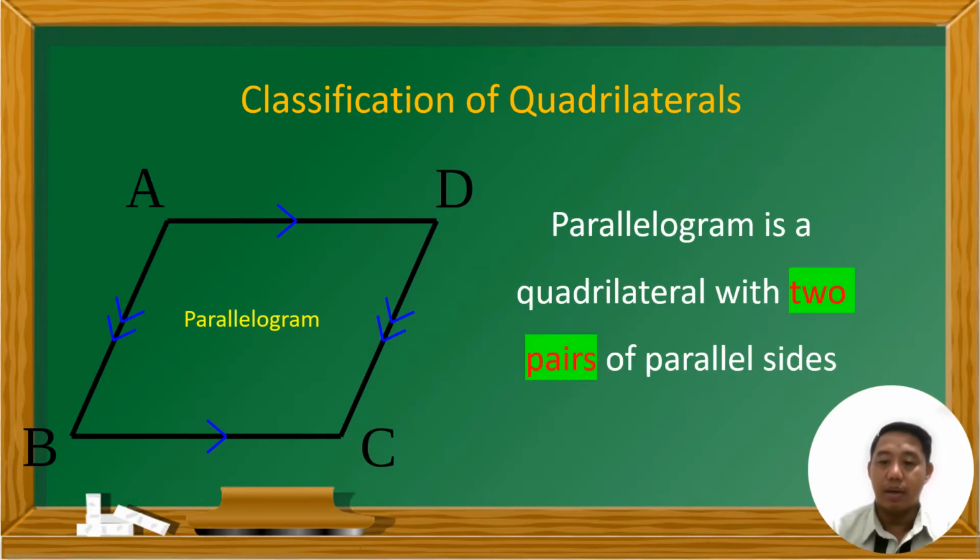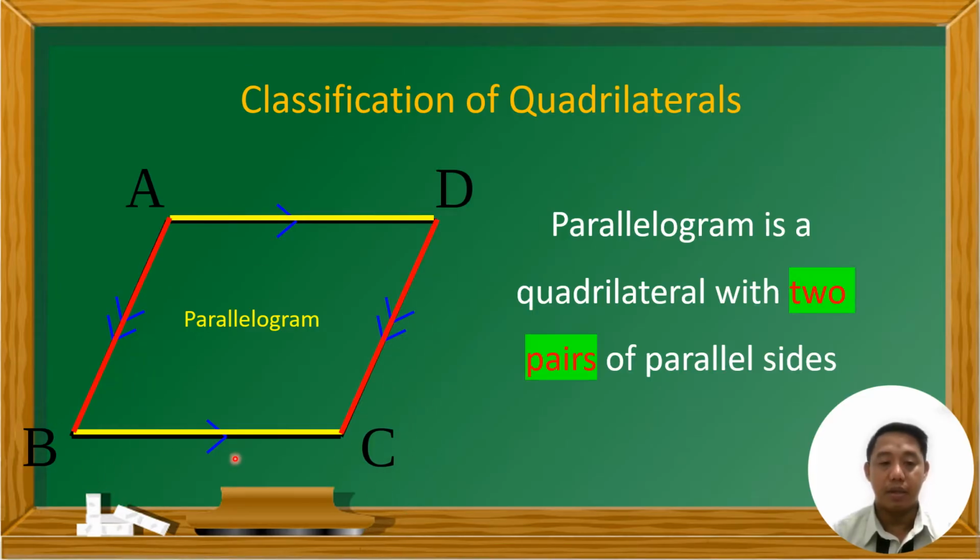Parallelogram is a quadrilateral with two pairs of parallel sides. So, meron tayong two pairs. Itong pair na to, AB and CD, and then AD and BC. These two pairs are parallel. So the first pair is AD and BC, and then the second pair of parallel sides is AB and CD.